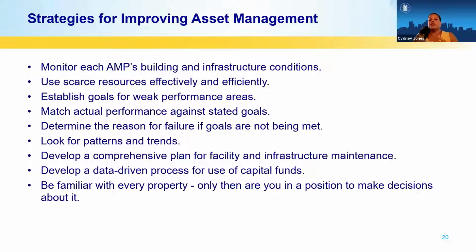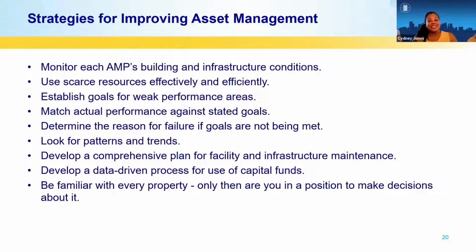Some tips to improve and update your asset management model, regardless of its size, and turn a troubled AMP or property into a high performing one: one, establishing an ongoing process for monitoring each AMP's building and infrastructure, making sure that you are streamlined and have a plan to use your resources effectively and efficiently.